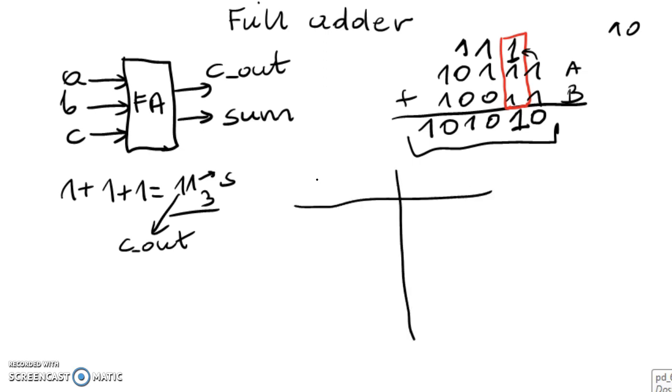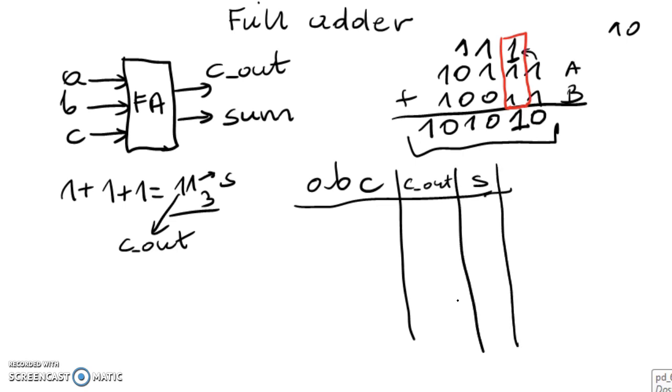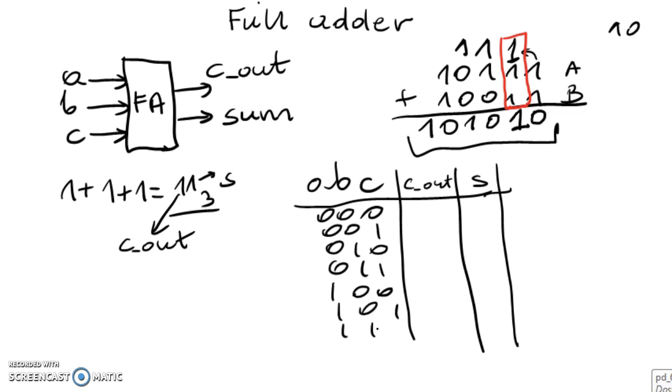The truth table for this is quite simple. Cout is a higher bit than the sum. Let's denote it as S only. All possibilities of ABC: 000, 001, 010, 011, 100, 101, 110, 111.